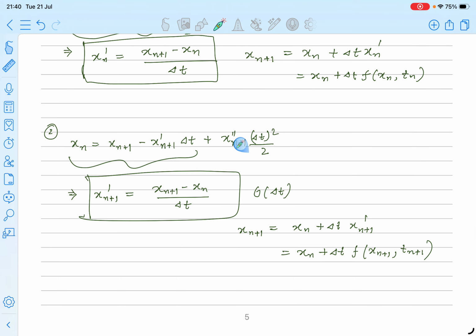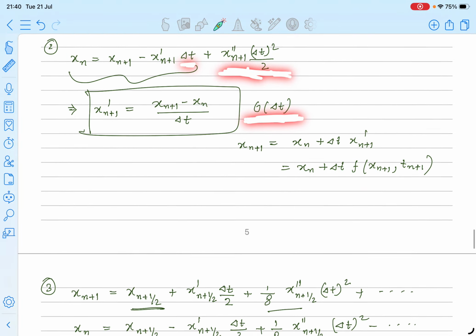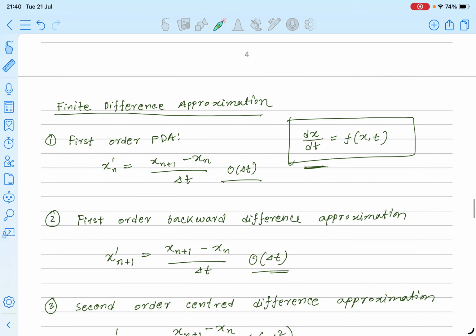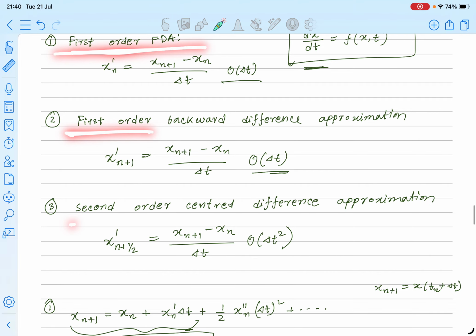And here again we are neglecting this term, and if you divide it by delta t, we are neglecting basically order delta t. So this is first order. But in this case what we got is that this is second order. So this is first order finite difference approximation, this is first order backward difference approximation, and this is second order centered difference approximation. Thank you.